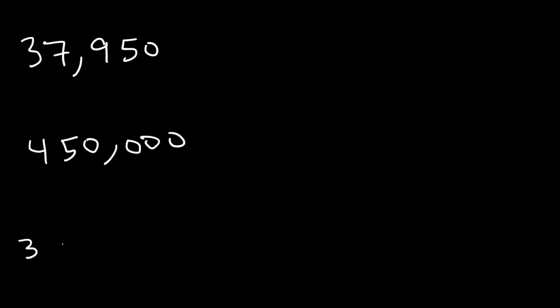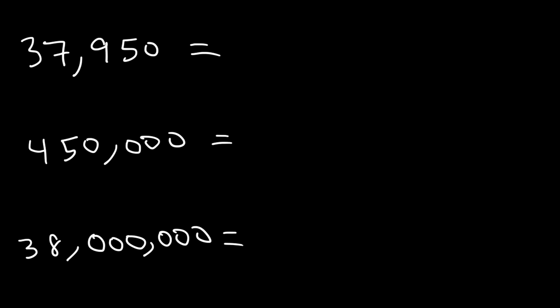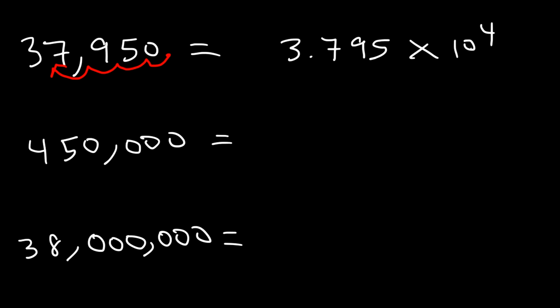Try these. 37,950, 450,000, and 38 million. Convert it to scientific notation. So the decimals here, we got to move 1, 2, 3, 4 units to the left. So it's 3.795 times 10 to the 4.